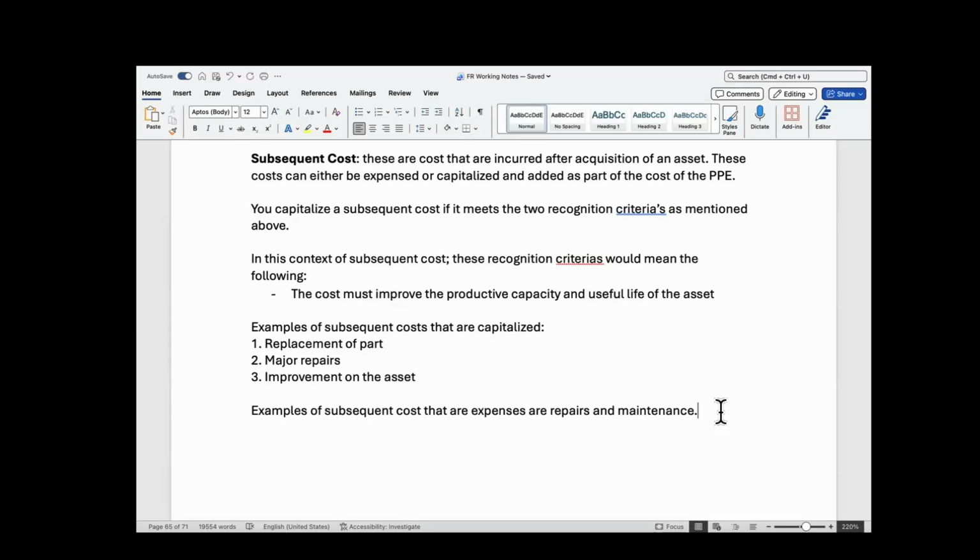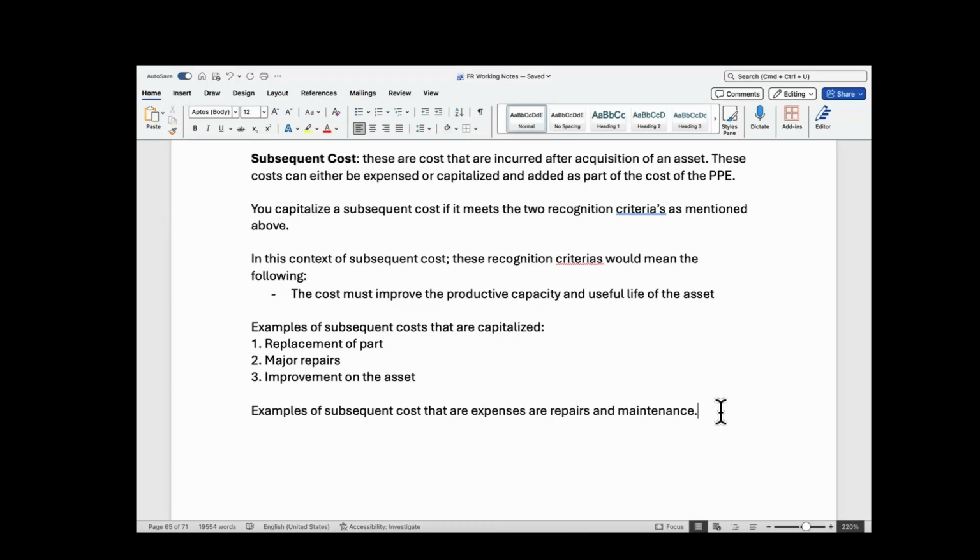But if you service it regularly, it will be able to do that. That's a cost that sustains, that maintains. It's different from when you do a major improvement, major repairs, or a replacement of parts that will increase the useful life from 10,000 to 15,000, or from 10,000 to 12,000.